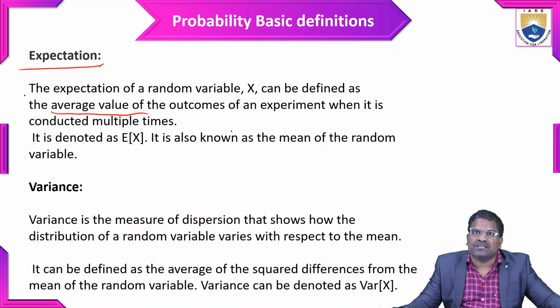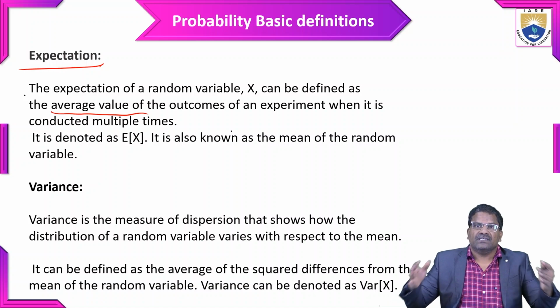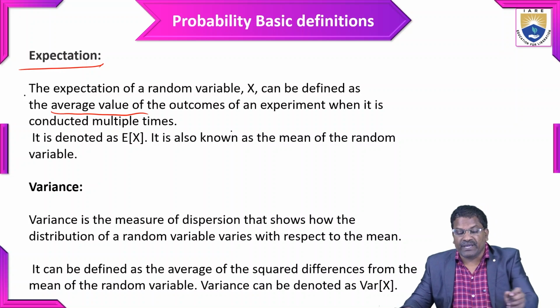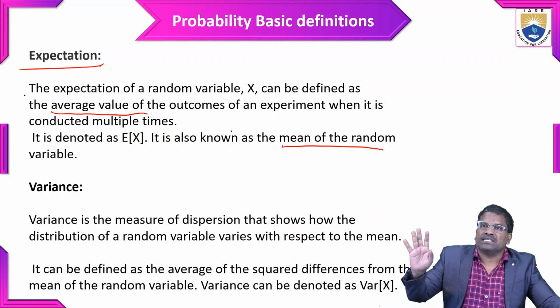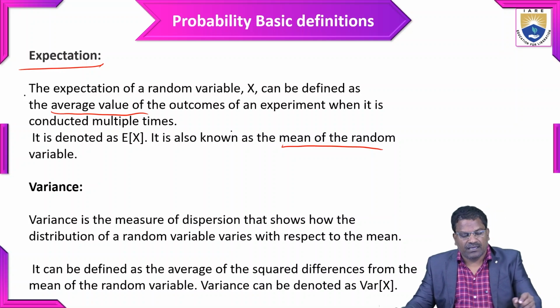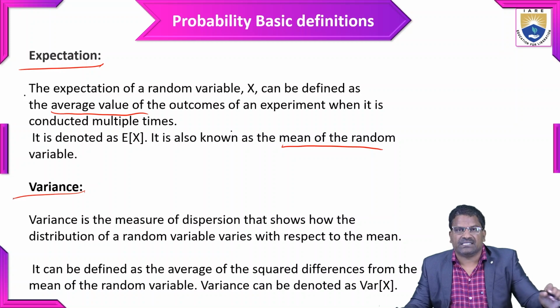The average value of the outcomes of an experiment when it is conducted multiple times. It is denoted as E of x. It is also known as the mean of the random variable. So, expectation is nothing but mean. Both are the same.